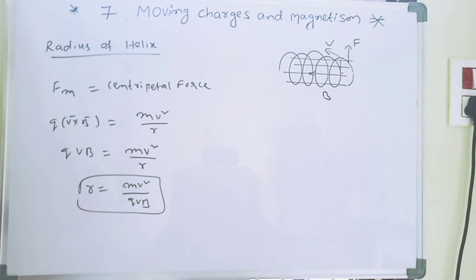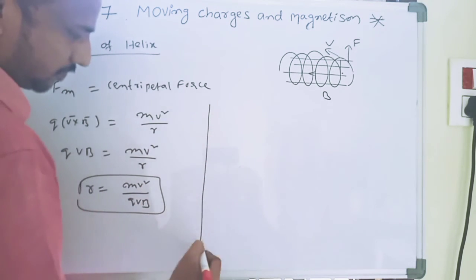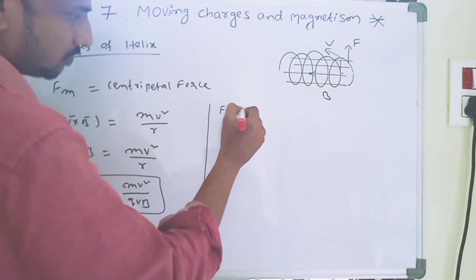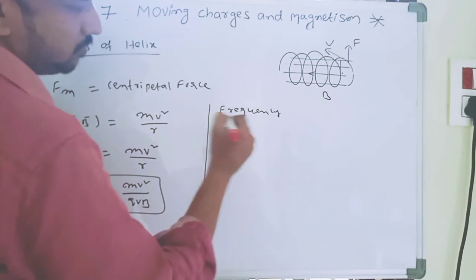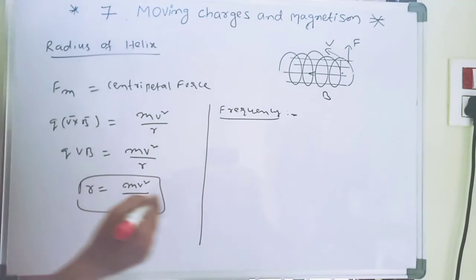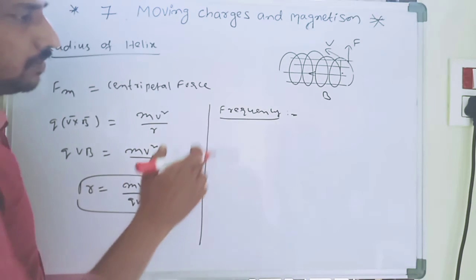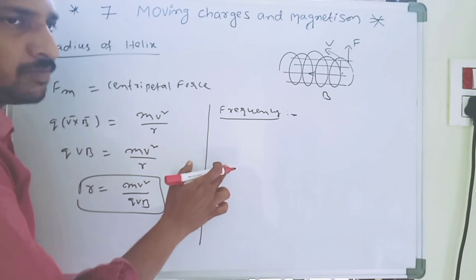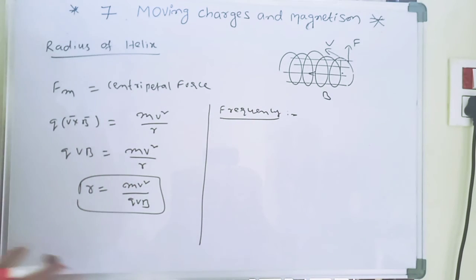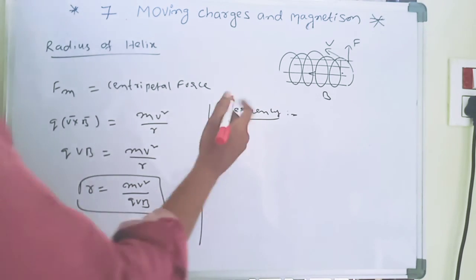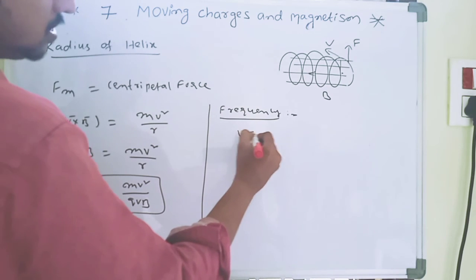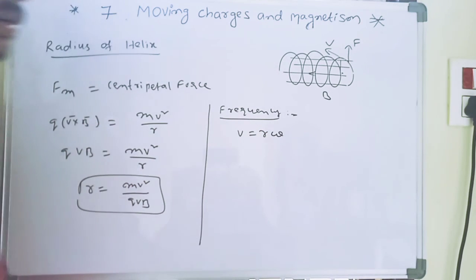Now we go with frequency. What is meant by frequency? Already we have discussed frequency: the number of revolutions per second. Here we are using the formula V is equal to r omega.